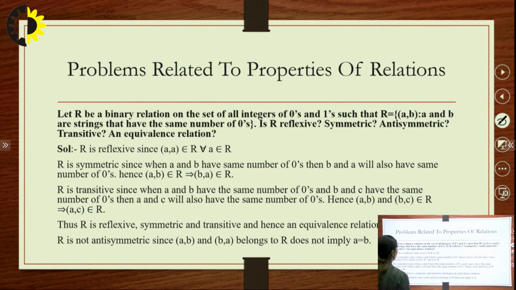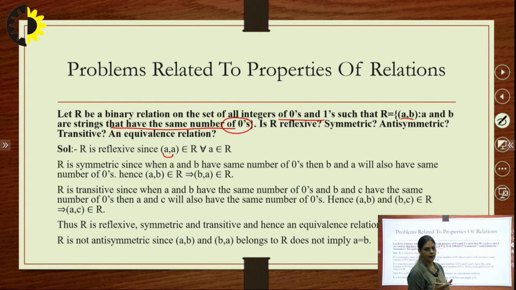Now, next question. If R is a binary relation on the set of all strings of zeros and ones such that R relates a and b when a and b are strings that have the same number of zeros, is R reflexive, symmetric, antisymmetric, transitive or an equivalence relation? R is reflexive since a is related to a.